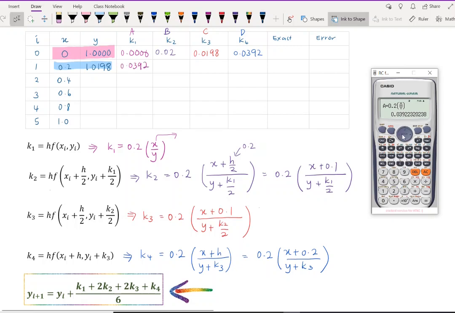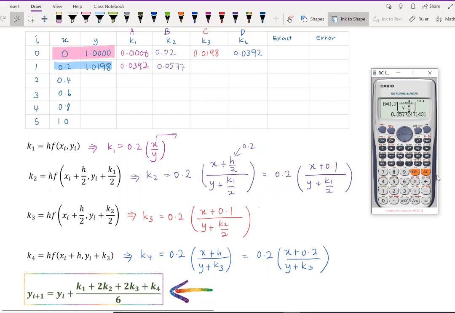Then get back to the calculator. Find back our equation for value B. Click calculate. Our X value is now 0.2, Y is 1.0198 and our A is already there, 0.0392.